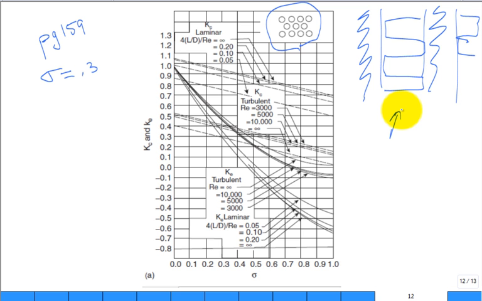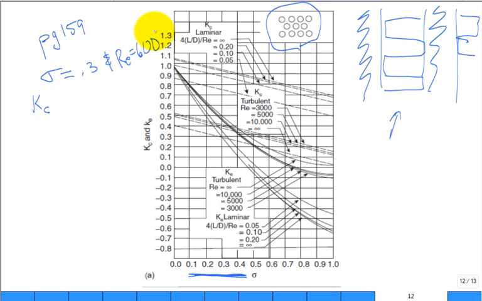And you give me your best k sub c, not only for that sigma, because that tells you where you're at on the x-axis, but you also need to know what the Reynolds number is, and the Reynolds number was around 600.